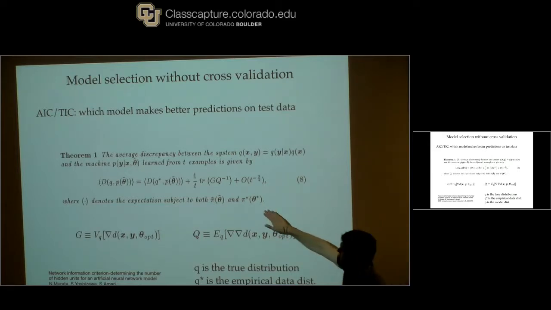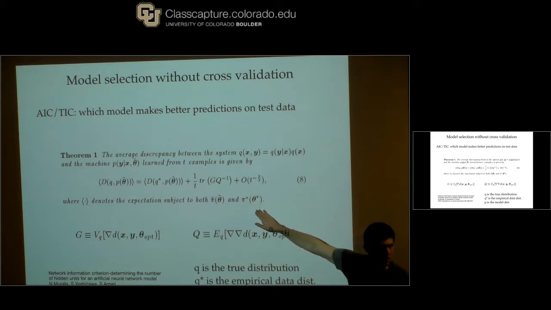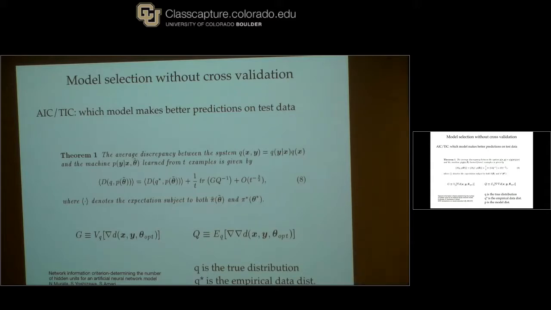Pi star is the distribution of best parameters given that you're sampling from a true distribution. So over samplings of the data, you'll get different best-fit parameter values on that empirical data, and then pi tilde is about the learning dynamics, doing SGD, where you get a stationary distribution of parameters. But let me not worry about it.